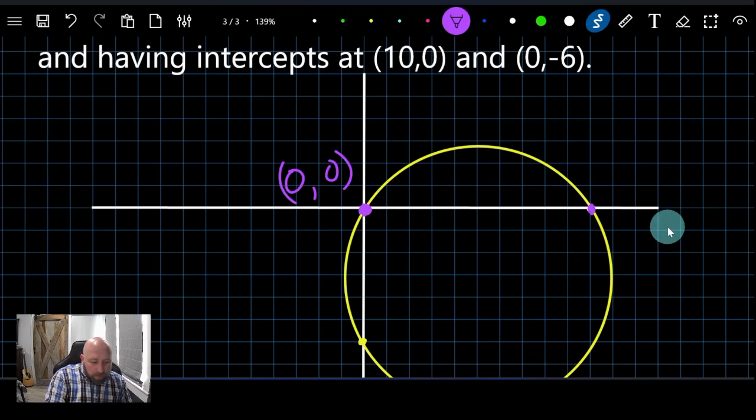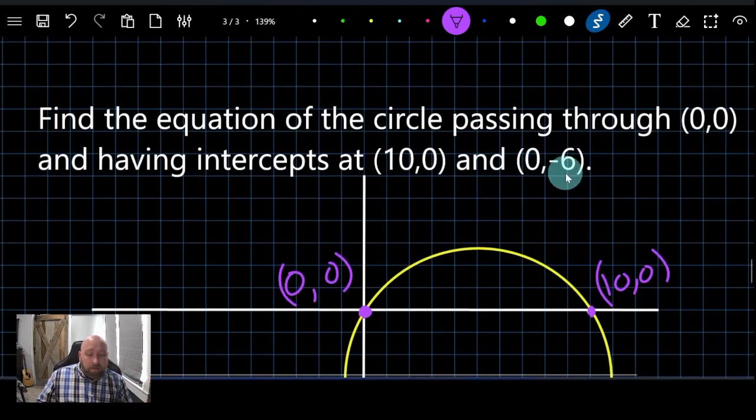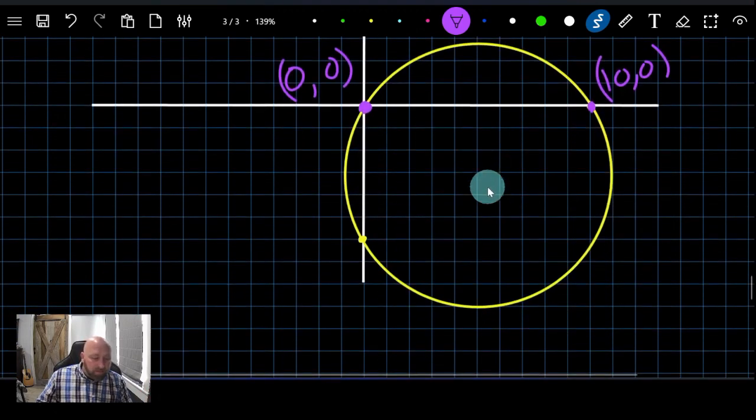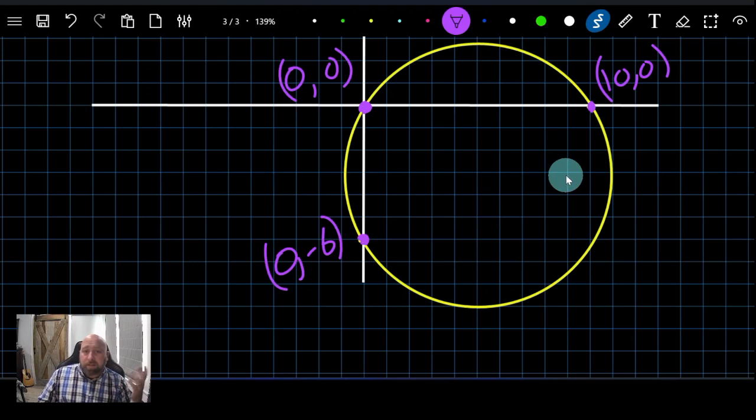This point right here is at 10, 0. So that's one of its intercepts. What does that mean? It's crossing the x-axis there at 10, 0. The other intercept is at 0, negative 6. So 1, 2, 3, 4, 5, 6, negative 6. So it's right here, and that's going to be at 0, negative 6. Okay, so there are the 3 points that it gives us.